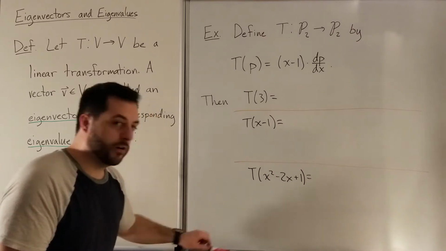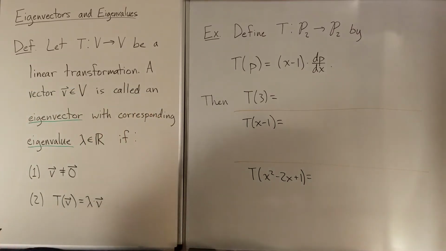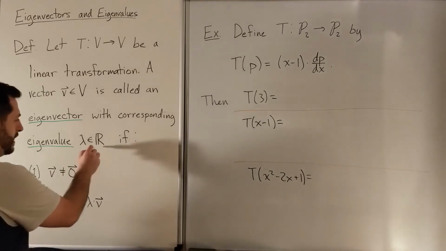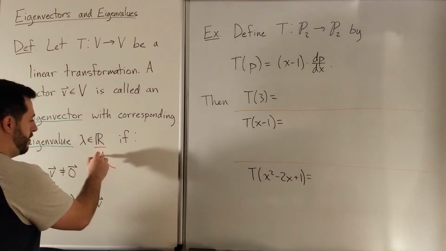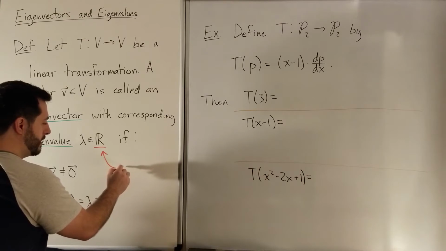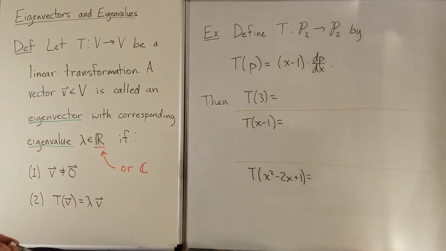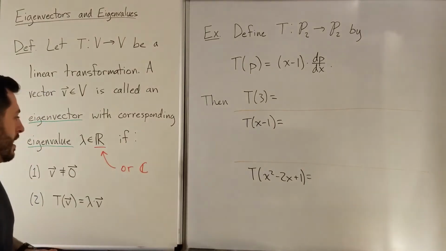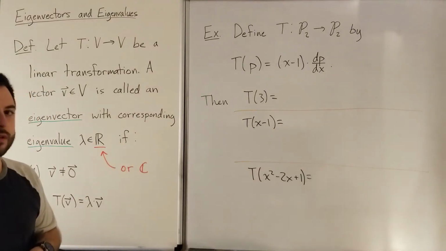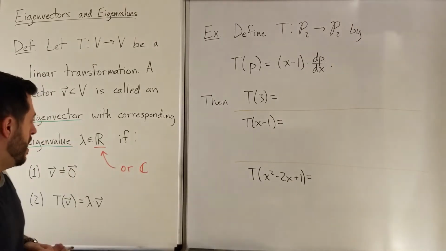So one thing I want to note before moving on to an example is that I said lambda is a real number here, but we also might want to consider complex numbers. Okay? And normally when I say we can replace R by C, I mean complex vector spaces are a thing, and everything that we do for real numbers also works in the complex case.